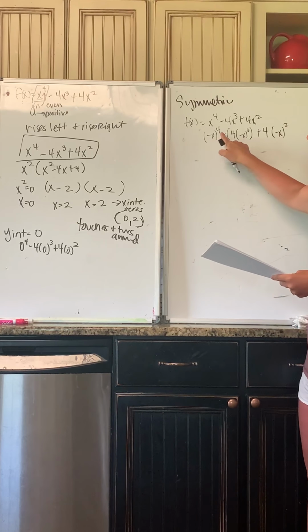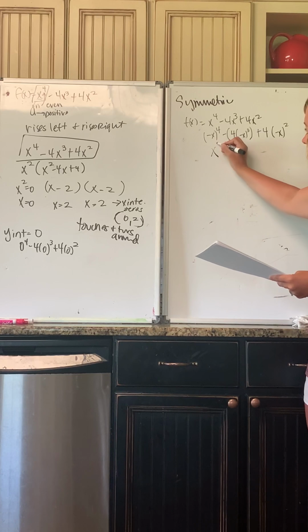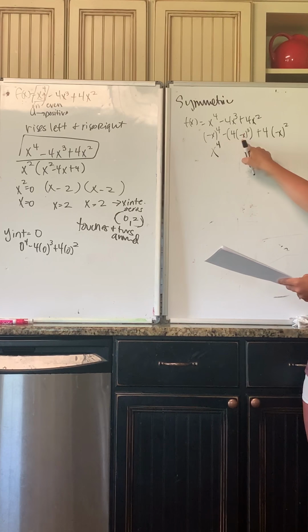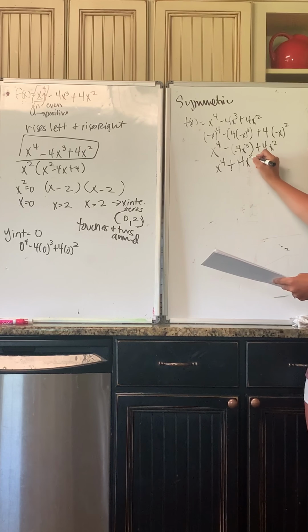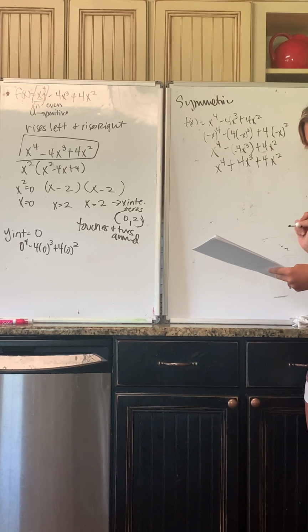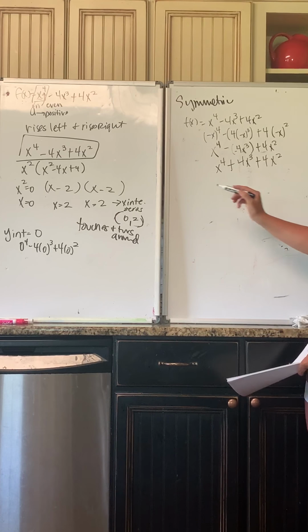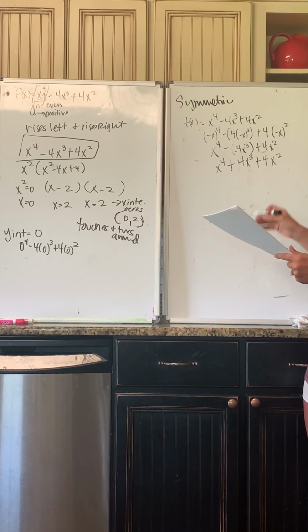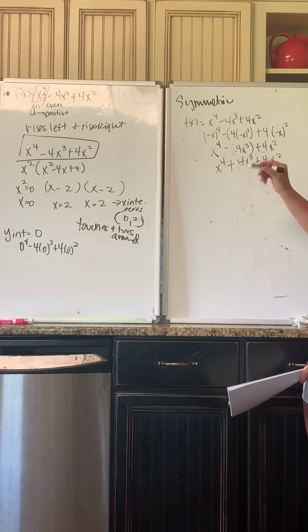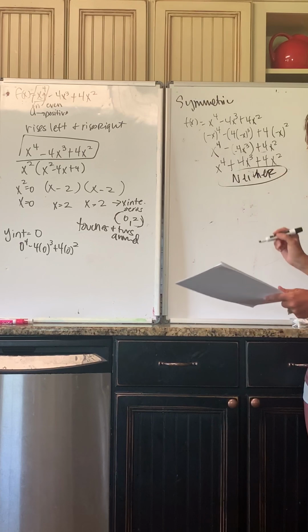Now, it's even, so this is just going to be x to the fourth. This is going to be negative 4x cubed. Then this is going to be even, so it's going to be plus 4x squared. So when you distribute this negative, you've got x to the fourth plus 4x cubed plus 4x squared. So these are not the same signs. It's not going to be symmetric. This is neither. The answer is going to be neither, okay?